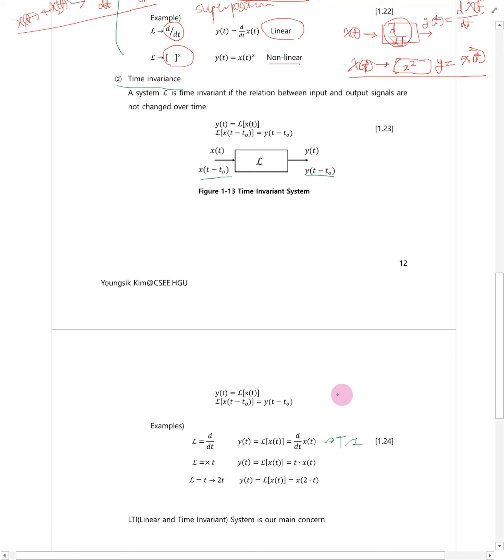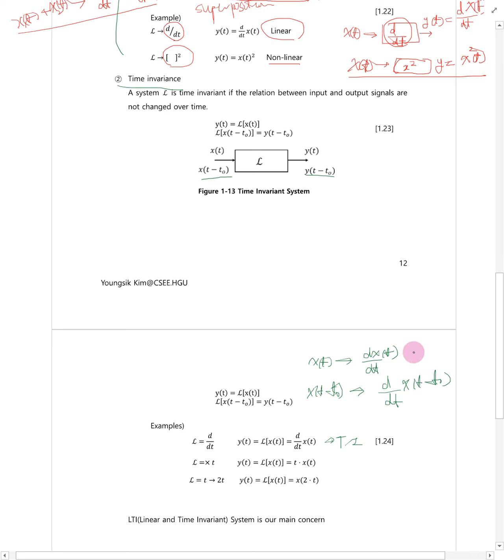If we apply x(t), the differential operator gives dx/dt at time t. If we shift by t0, the output is the derivative of x(t minus t0).